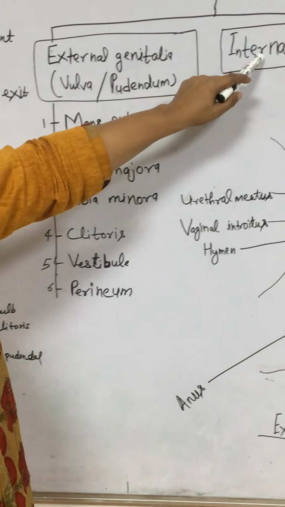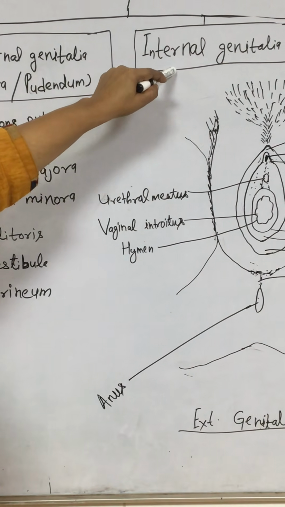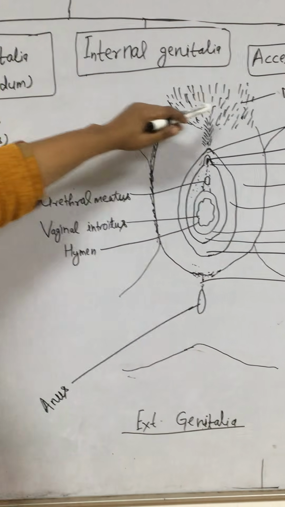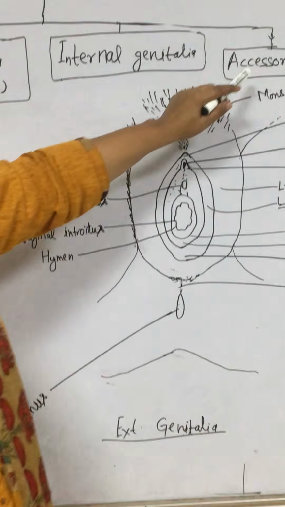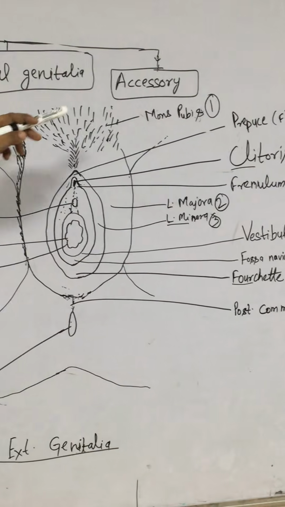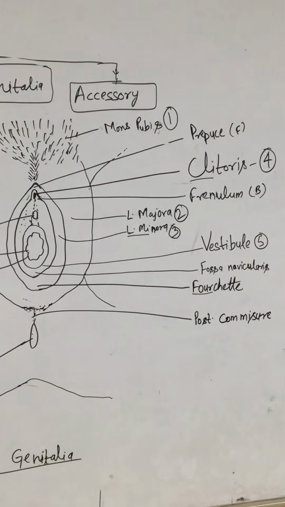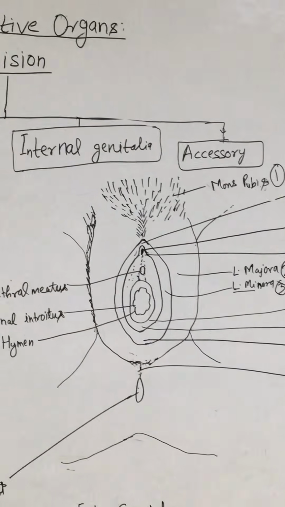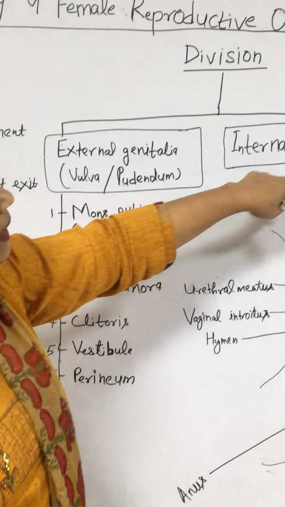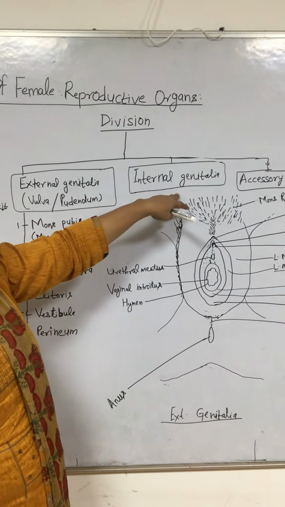Internal genitalia is deeply situated and needs a special instrument for its visualization. Accessory organs are not directly involved in reproduction but are helpful in the growth and development of the fetus. Today I will discuss only the external genitalia. Internal genitalia and accessory organs I will discuss in the later class.